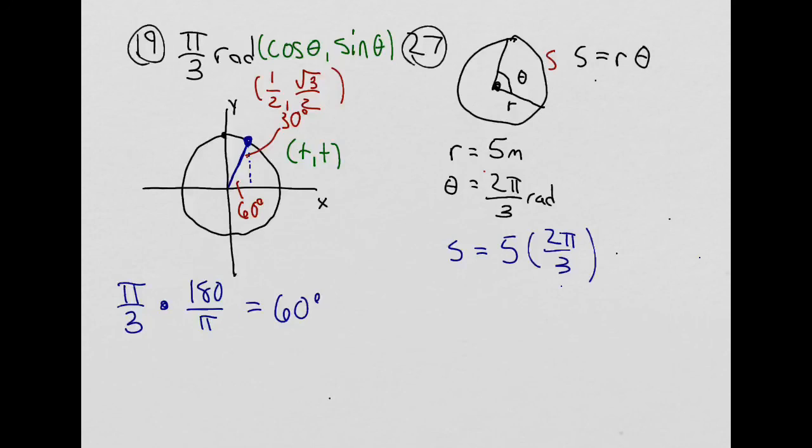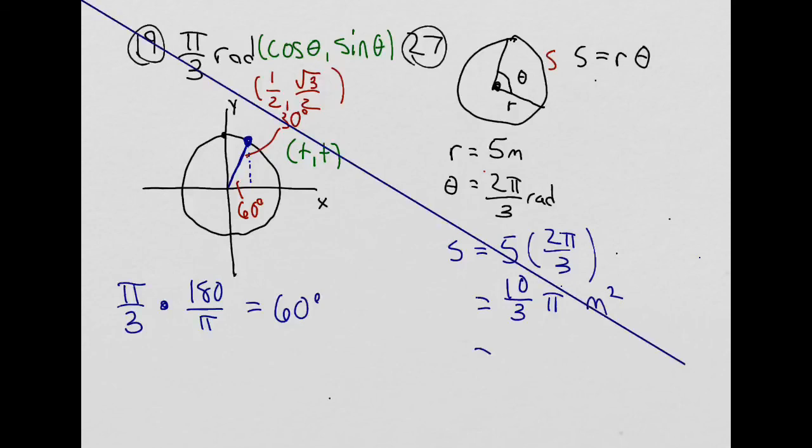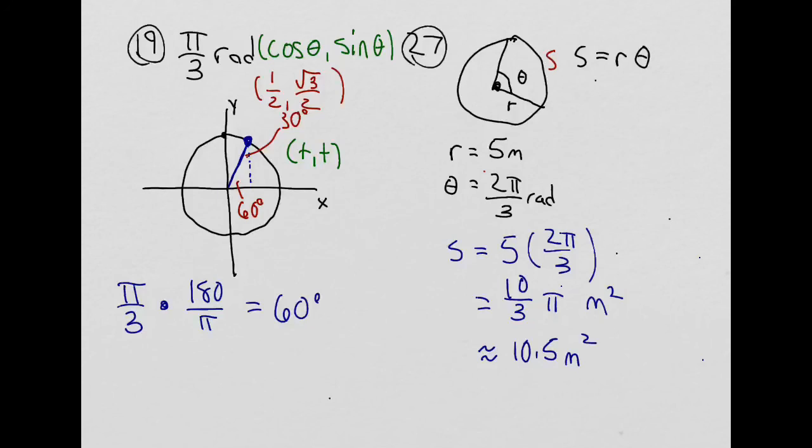If I do it by hand, it's 10 over 3 pi meters. Or you can turn it into decimal form, and that's approximately equal to about 10.5 meters. Okay, so that's about it.